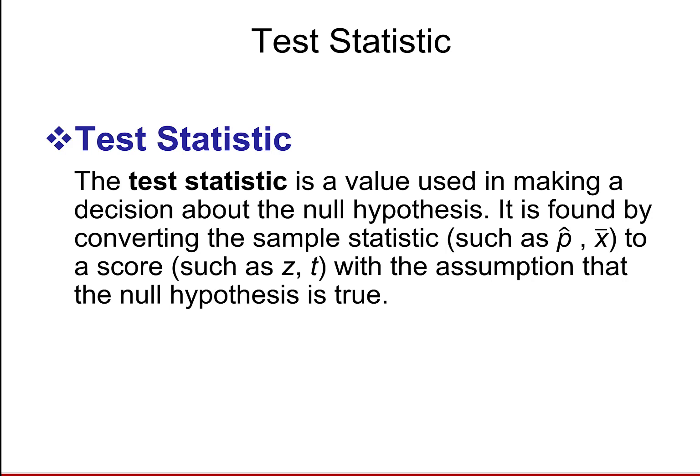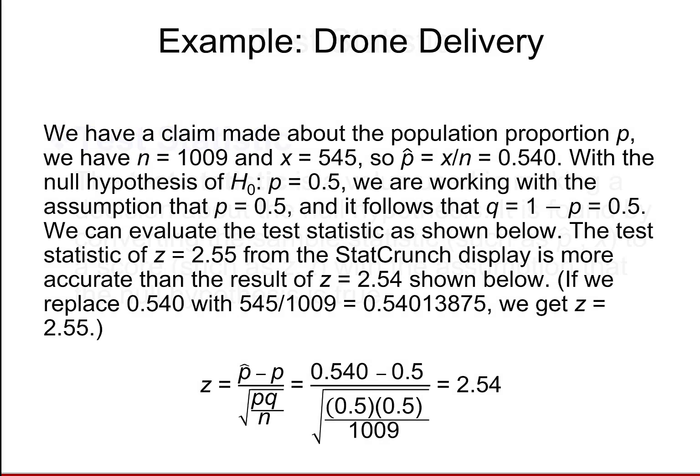The test statistic is a value used to make a decision about the null hypothesis. It's used by converting the sample statistic, such as p hat or x bar, to a score, like a z-score or a t-score. Basically, it's the number of standard deviations that your sample data are from the middle of the distribution.